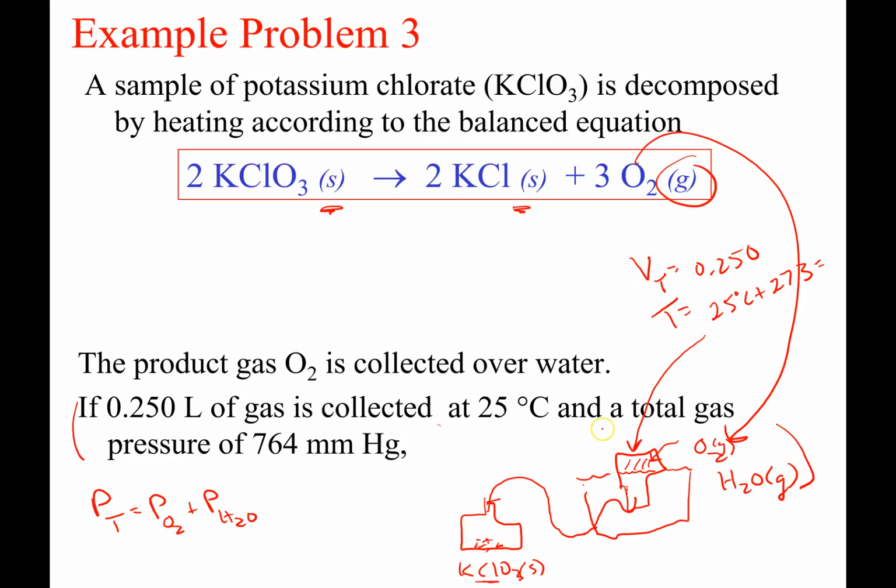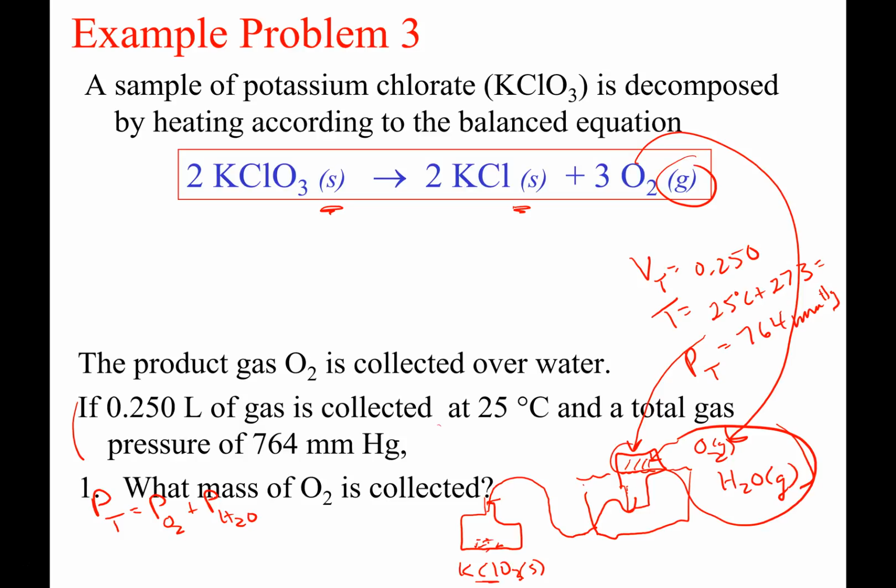And it gives us a total gas pressure, so I'll call that P sub T, is 764 millimeters of mercury. Okay, so that is all information about our combined oxygen and water. Now the questions, and I think I've written where the questions are going to go. Hopefully you can see that black behind that. We have two questions.